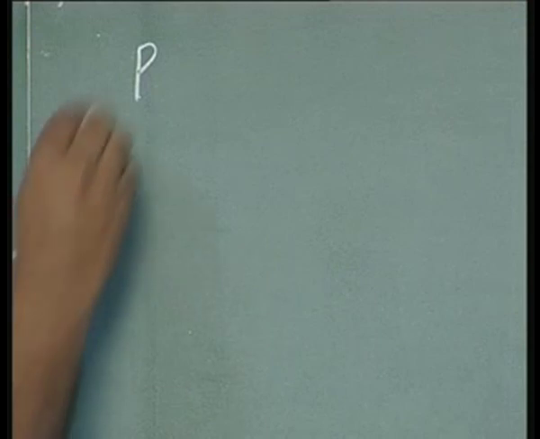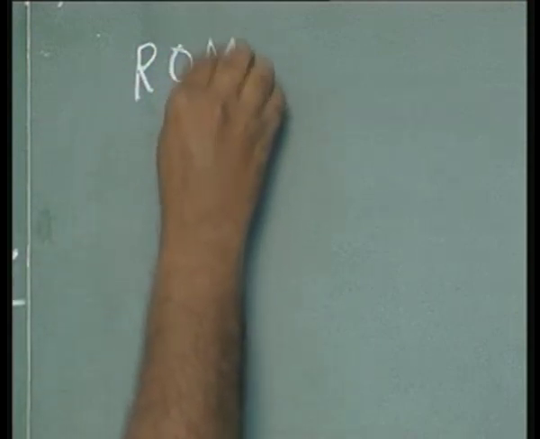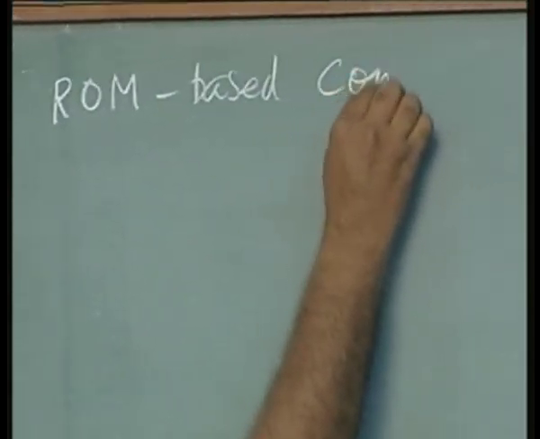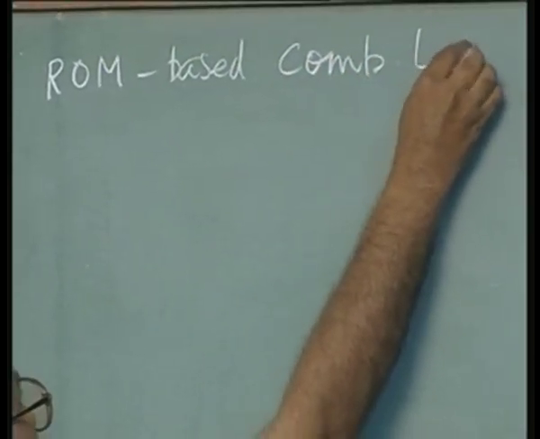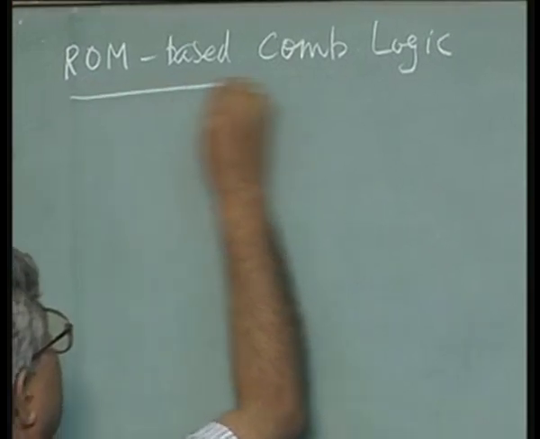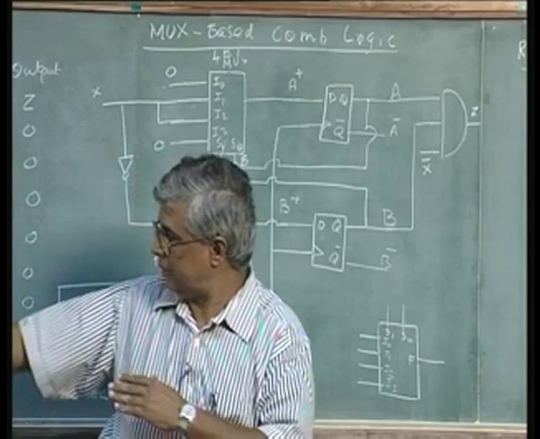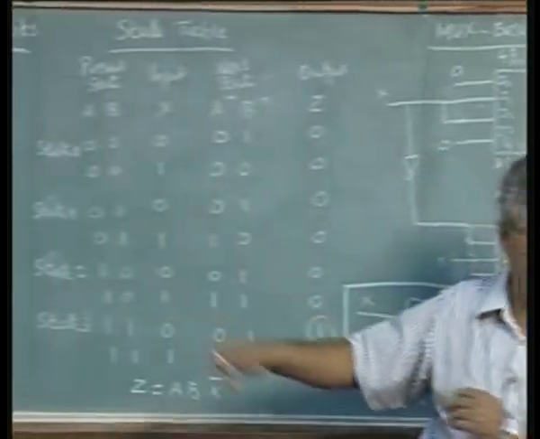Let me replace the mux by ROM. It is even easier because we know that ROM is nothing but a hardwired truth table, and the state table is nothing but a truth table.